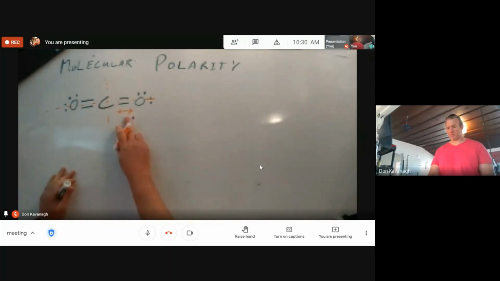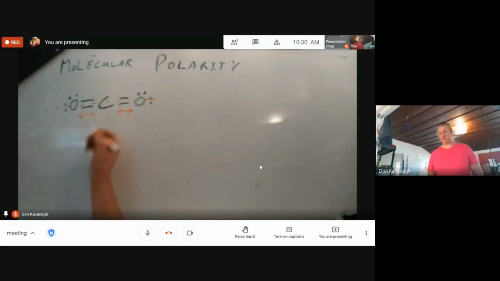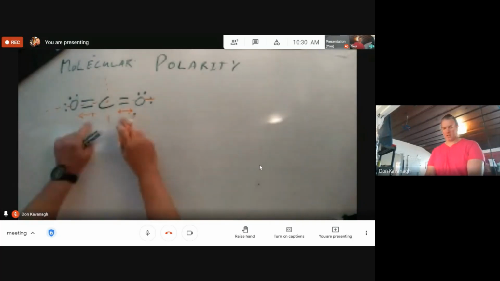This is a polar bond here between carbon and oxygen. If we were to look up the electronegativity values and take the difference, it'd be greater than 0.4. Notice the symmetry in the polarity of the bonds. There's still symmetry in this molecule here.